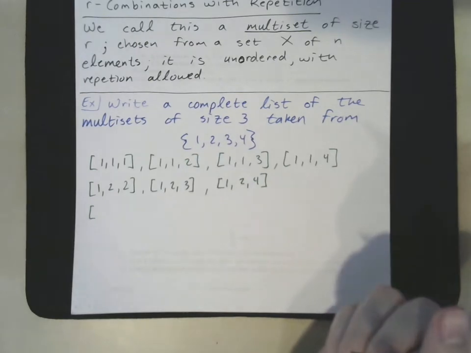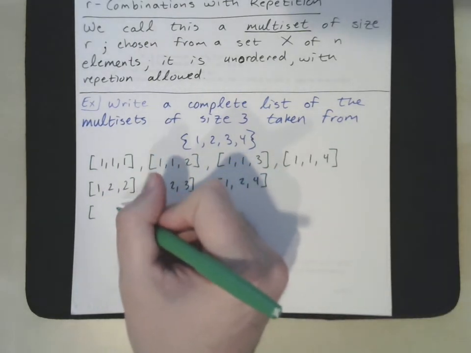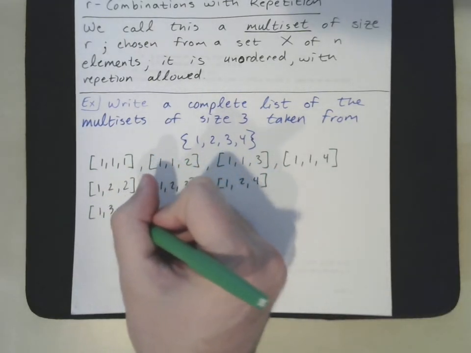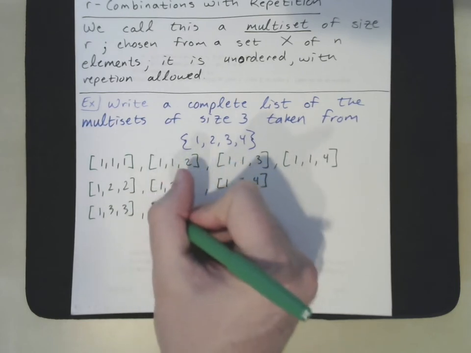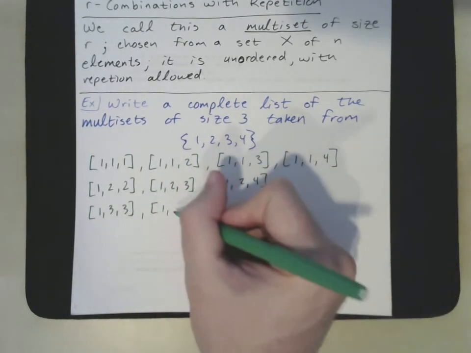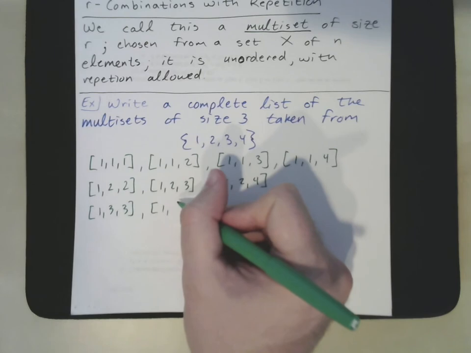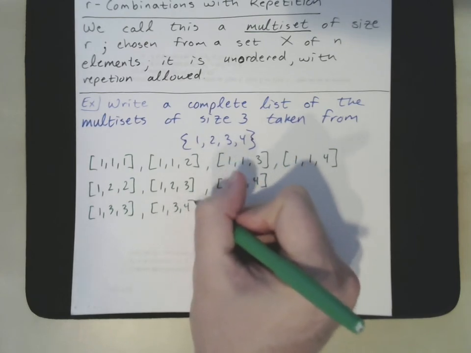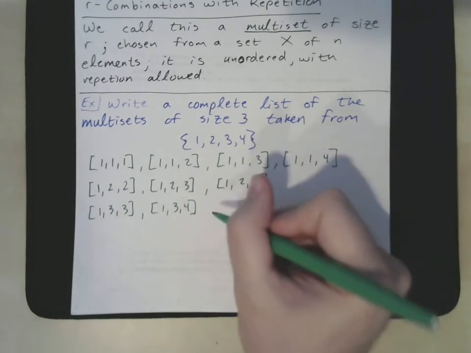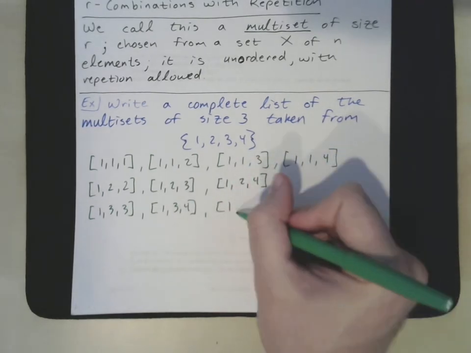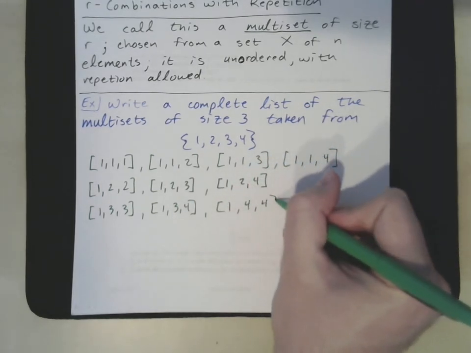Then I move on to the 3s in the second position: 1, 3, 3 and 1, 3, 4. And then the last one is 1, 4, 4.